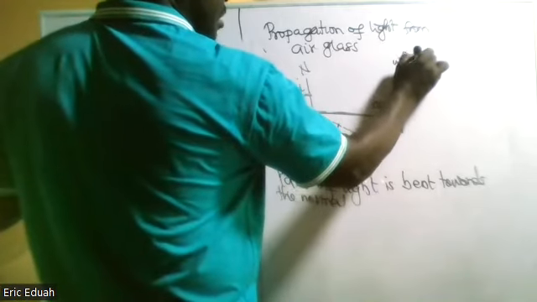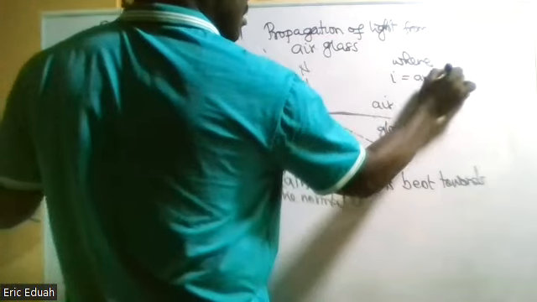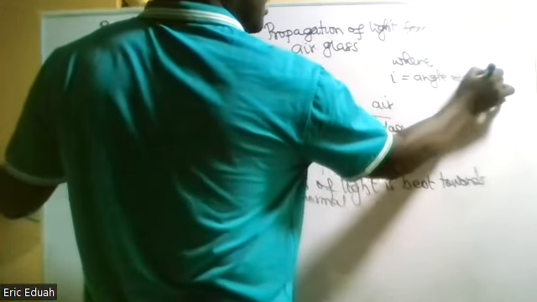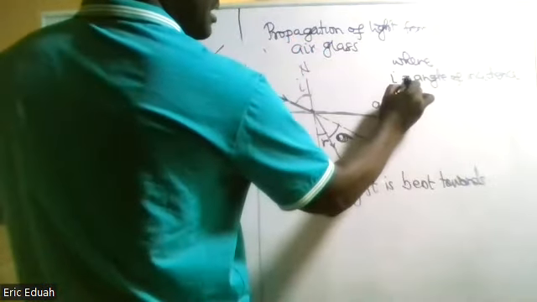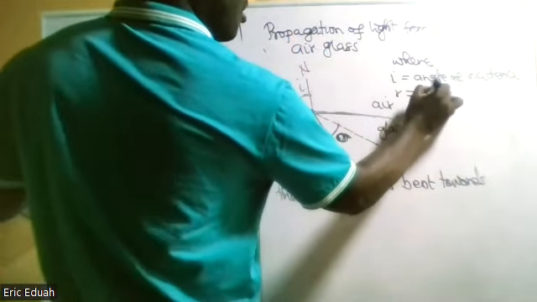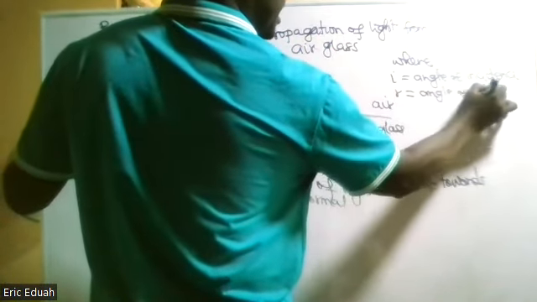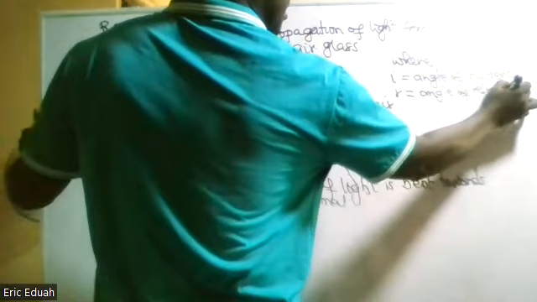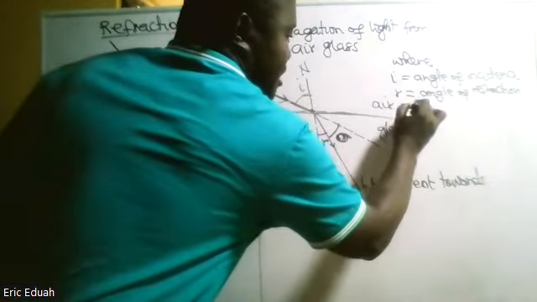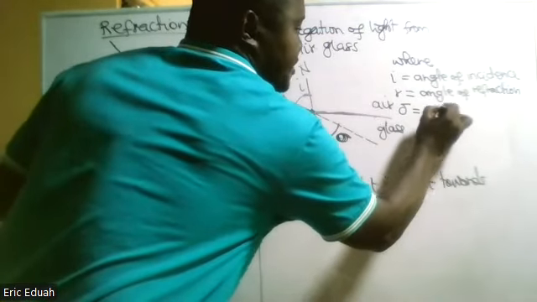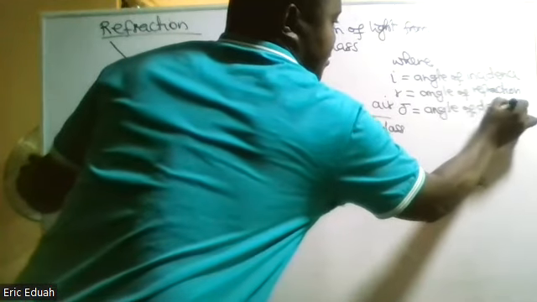Where I equals angle of incidence, R equals angle of refraction, and sigma equals angle of deviation.